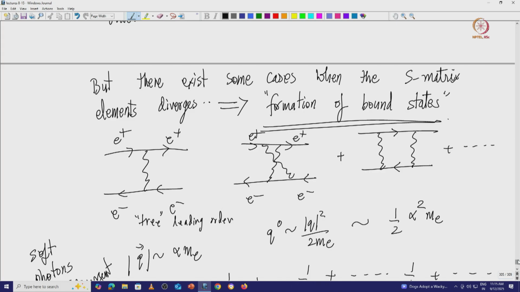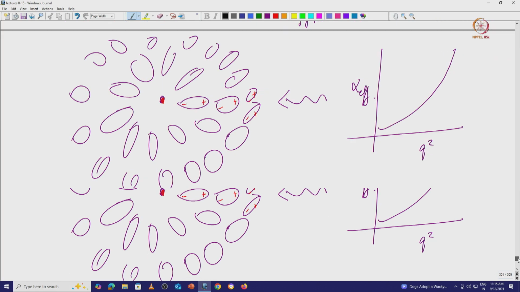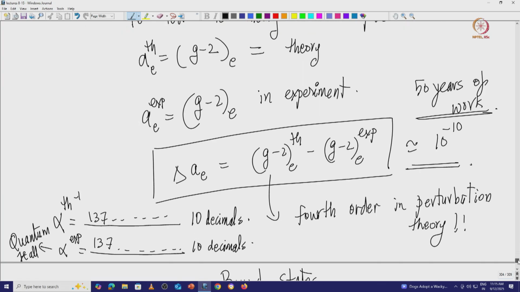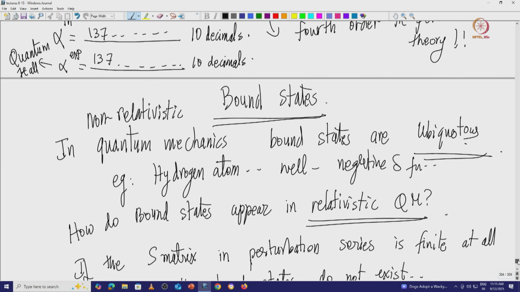These are very important states which we do not understand at all in a relativistic sense, which we understand reasonably well in quantum mechanics, but in relativistic quantum mechanics we do not completely understand them, or we do not have enough techniques to deal with them.